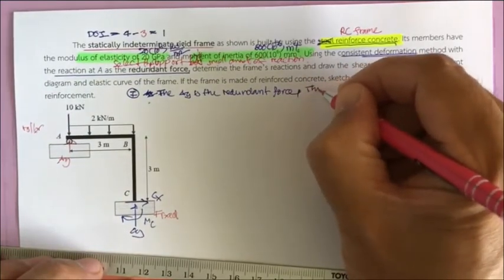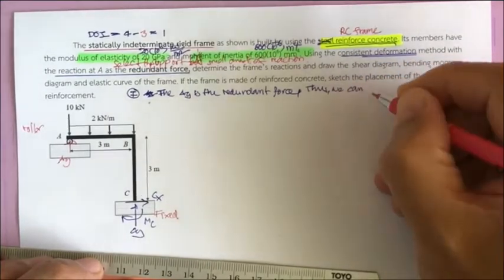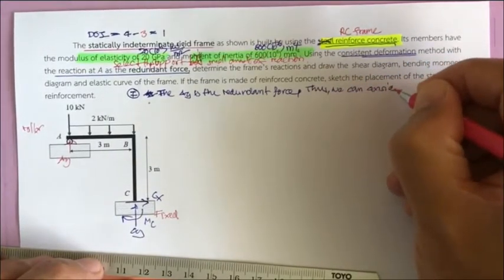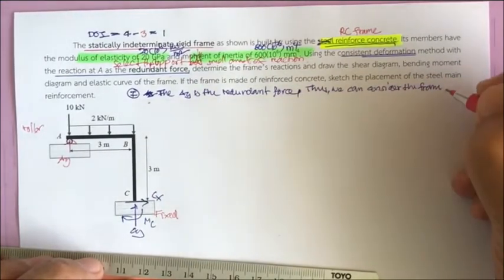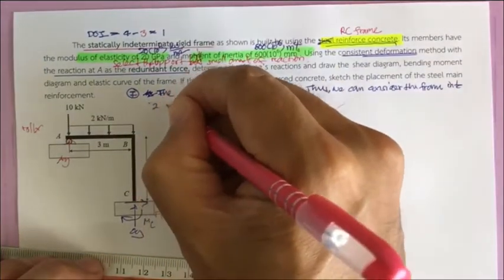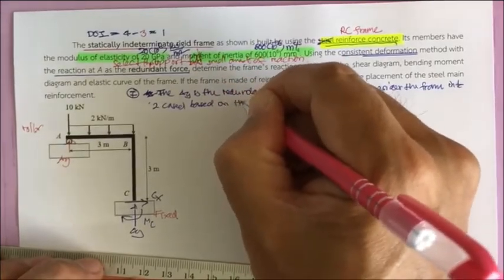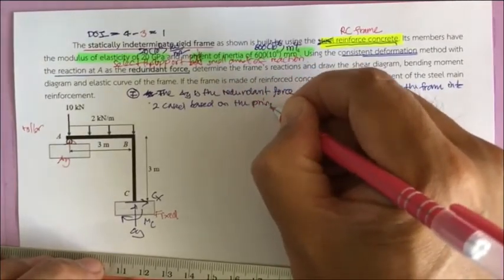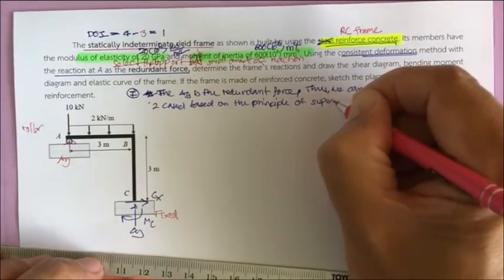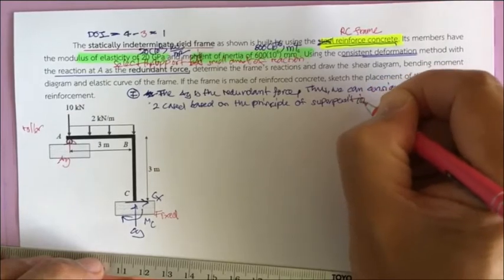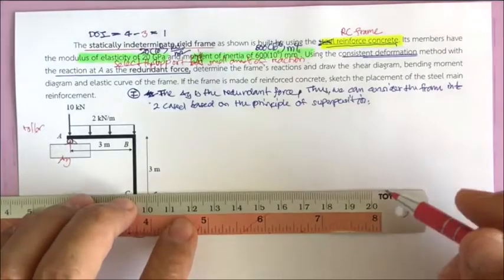Thus we can consider the frame into two cases based on the principle of superposition. So we can separate the frame into two parts.